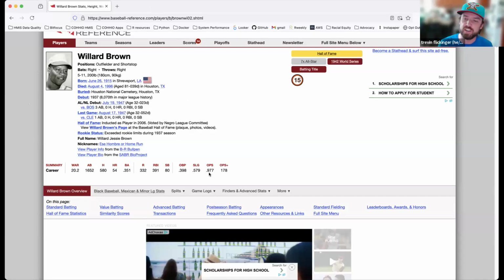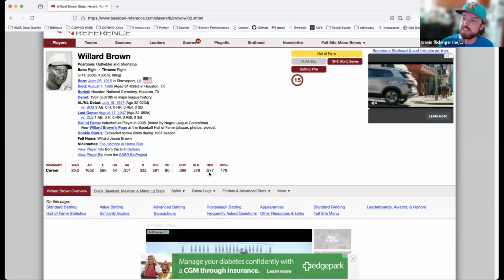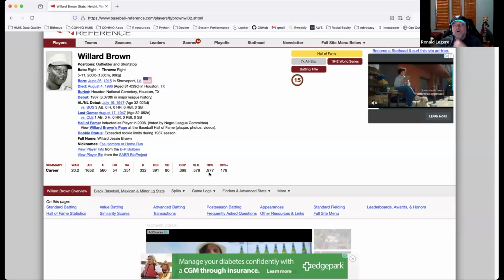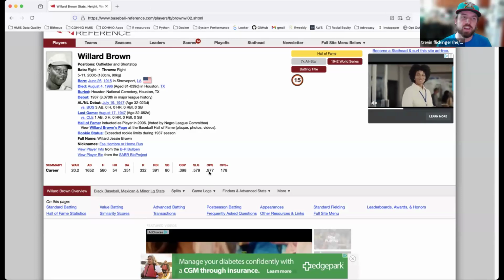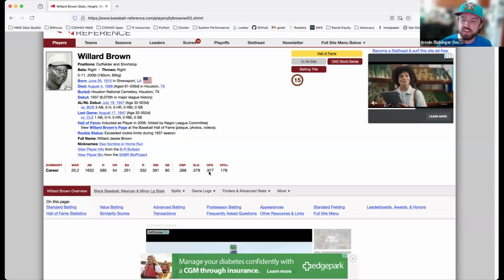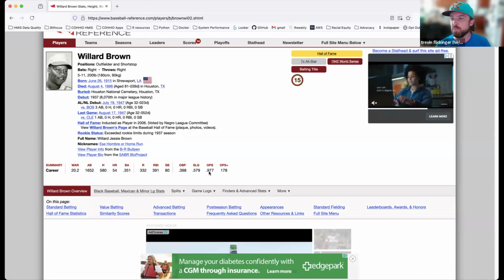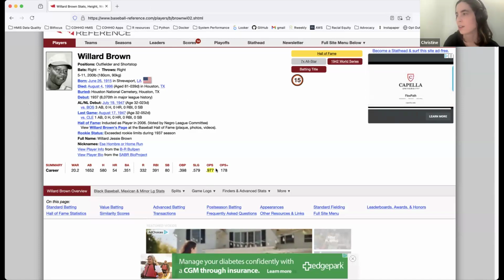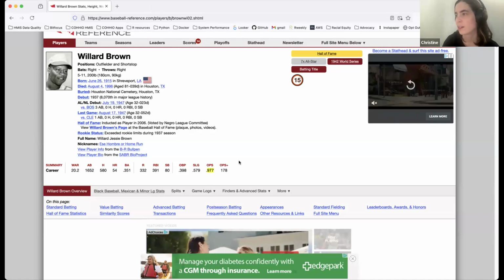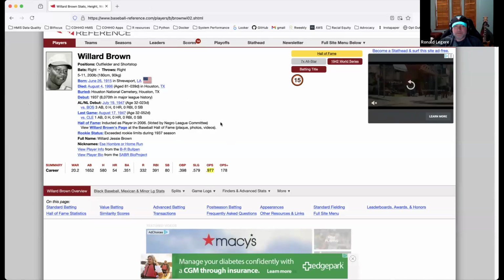So in the second edition, his OPS was .650 or lower, but in the last couple of years, Major League Baseball added Negro League statistics to Major League Baseball. So now his OPS is .977. Which is pretty crazy. It's a nice relic of the past in this textbook.